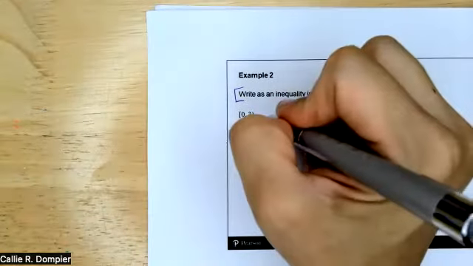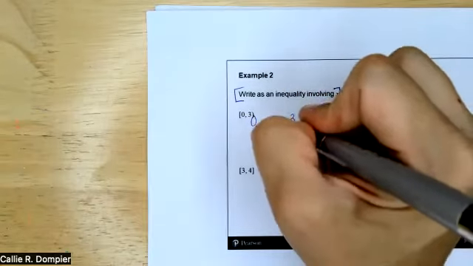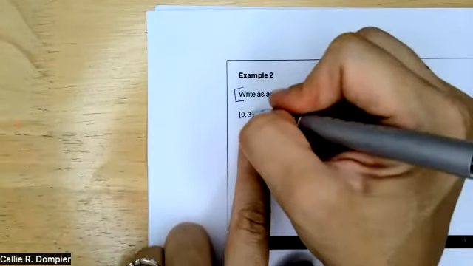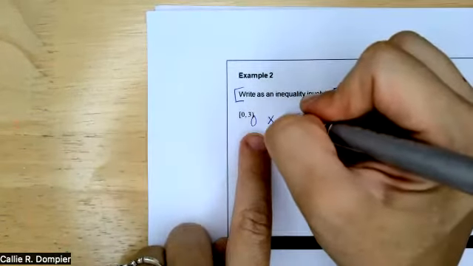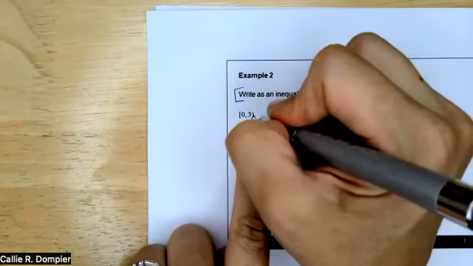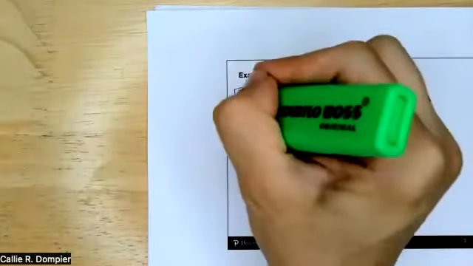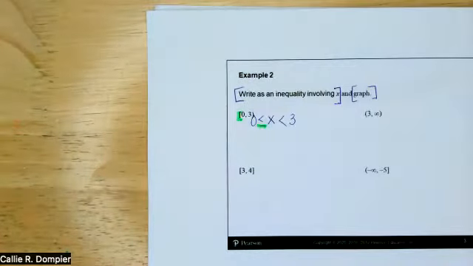Okay, so x is between 0 and 3, right? There's a parentheses around 3, so x is less than 3, but x is greater than or equal to 0. The equal to is because of the bracket. Okay.